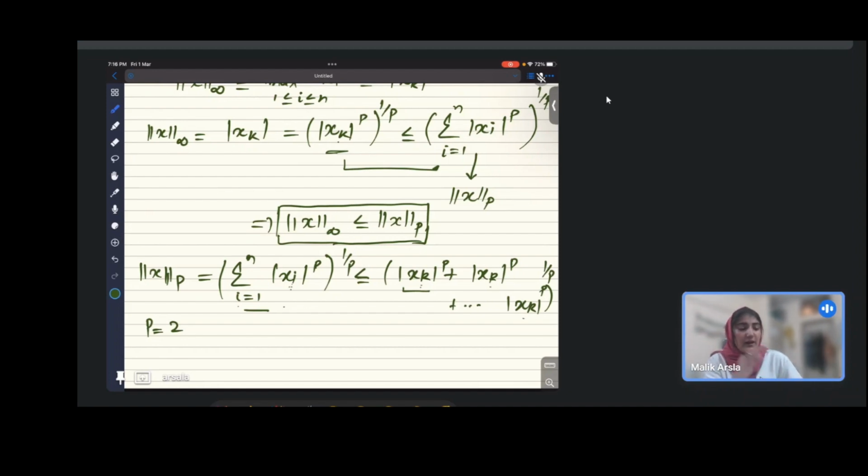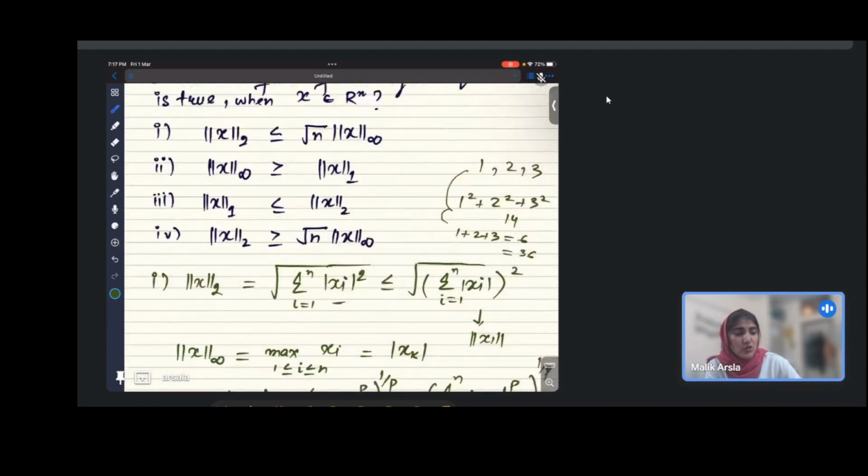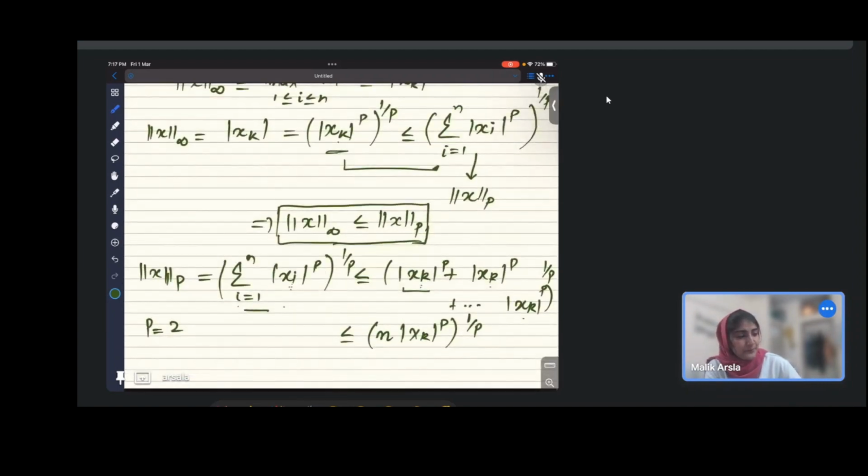On the left hand side we are adding all xi's, and on the right hand side we are taking xk that many number of times. So the right hand quantity is going to be greater than or equal to the left hand side. So we arrive at n times xk to the power p, root over 1 by p. I am making it for the p norm so that we can generalize it. Here we are given only x1, x2, x3, but I am taking the general case.